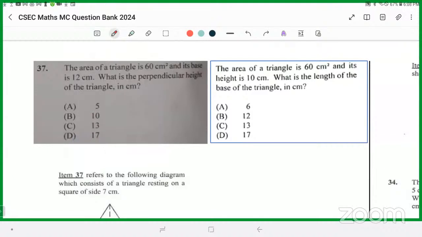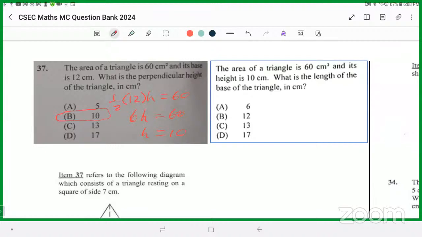Half the base, 12, times the height H is 60. This becomes 6, so 6H equals 60, so H equals 10. You feel like we did it already, but no problem. More maths equals better maths.